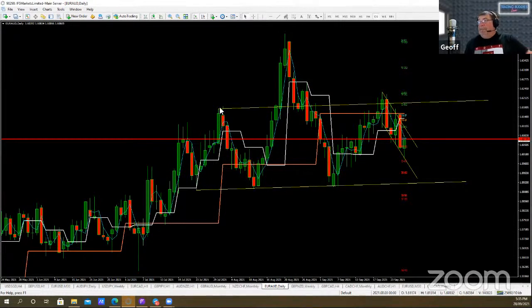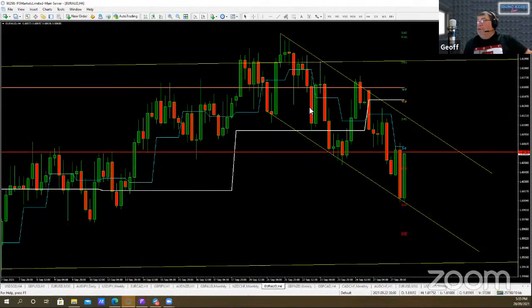It's showing me that this range here, apart from the big false breakout, the head side, is indeed a head and shoulders, which has now come off the right shoulder, looks to be on its way down to the neckline again. In the meantime, we have bounced off the bottom of the descending channel, which means to me that we're going back to the high side of the channel, right?